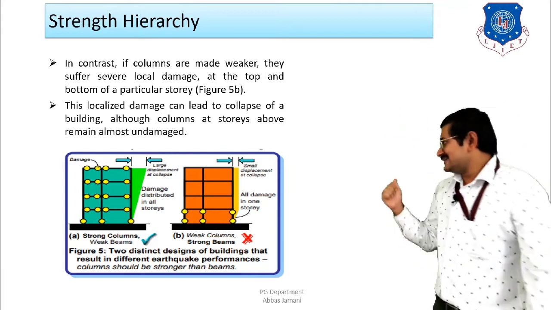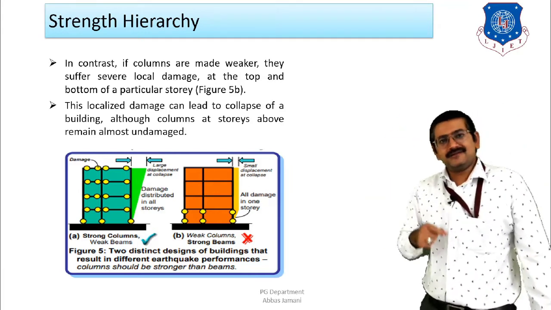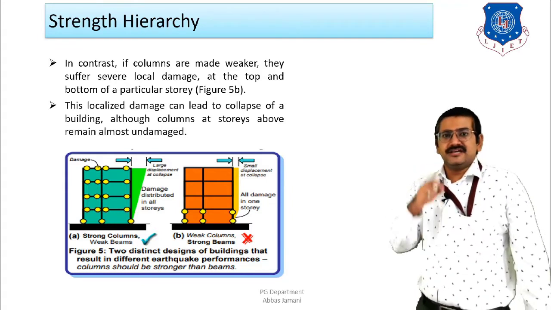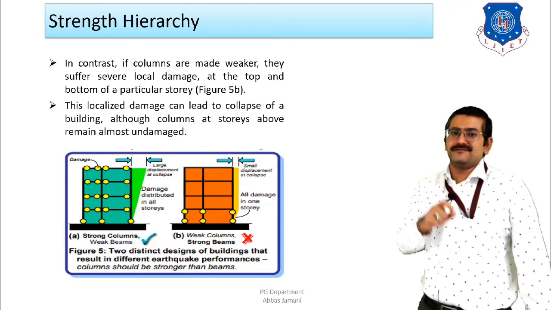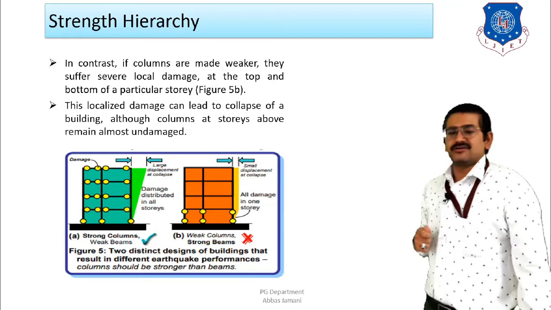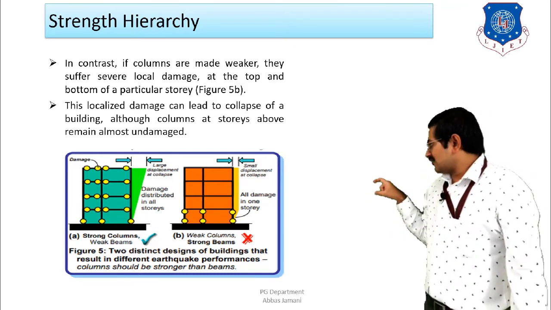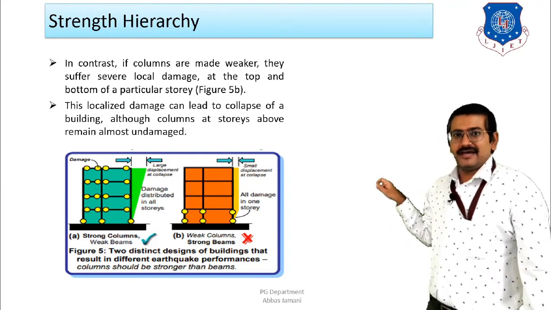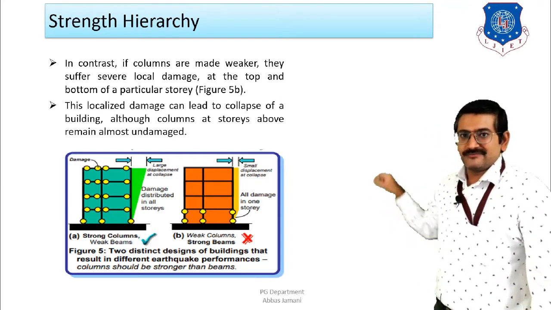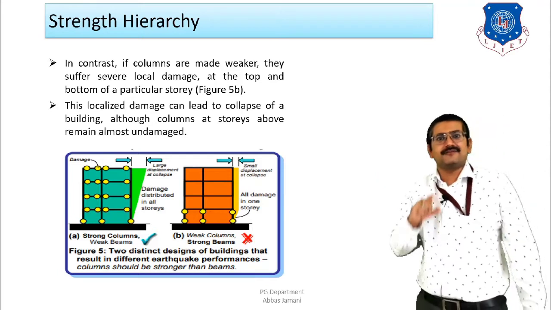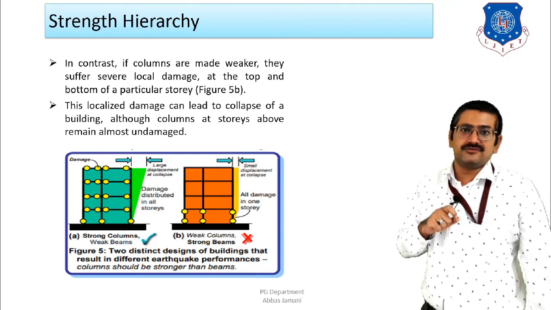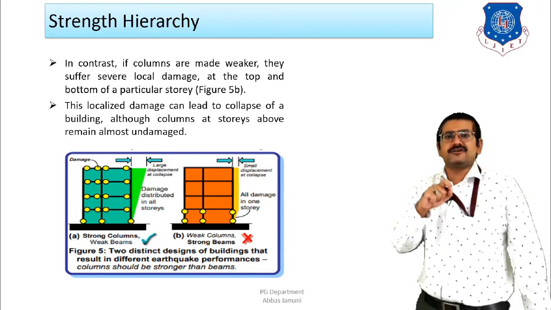But in the second case, the failure or damage or deformation is observed locally in one of the floor heights. So as you can see in this particular figure, the columns of the ground story are having deformation at the bottom and top level. So when this type of deformation takes place, it is the deformation of the columns.